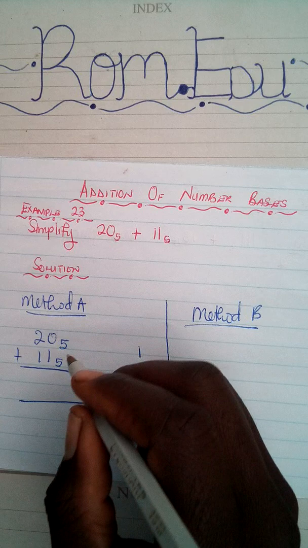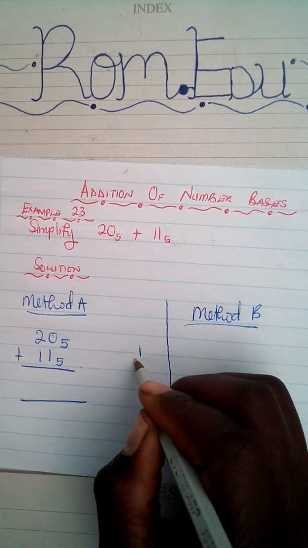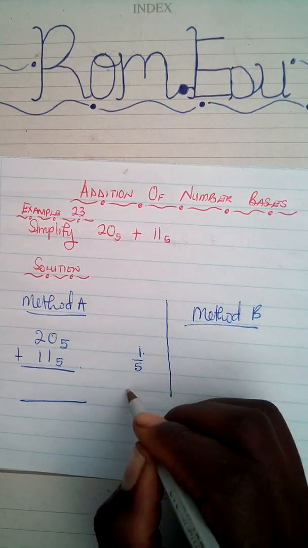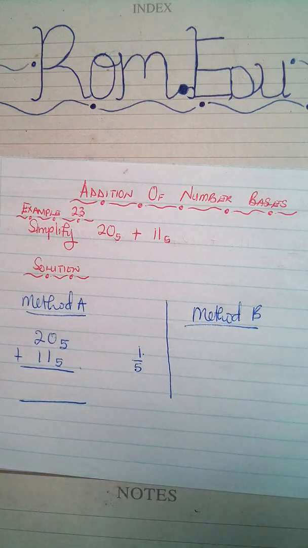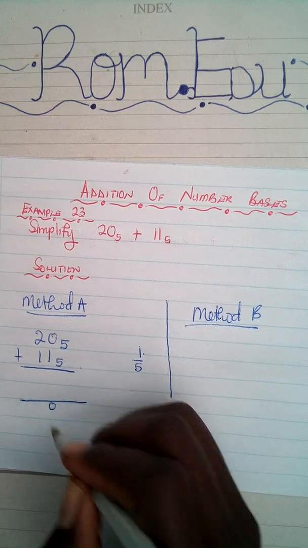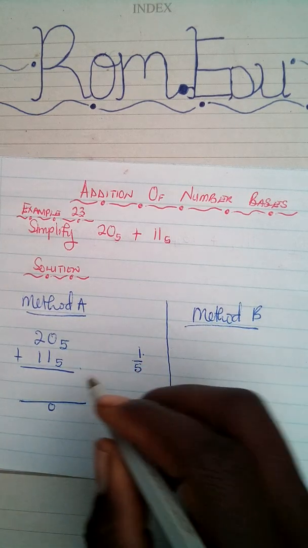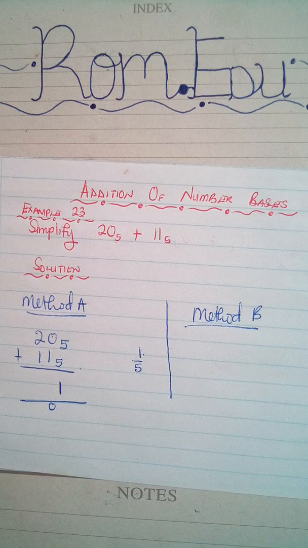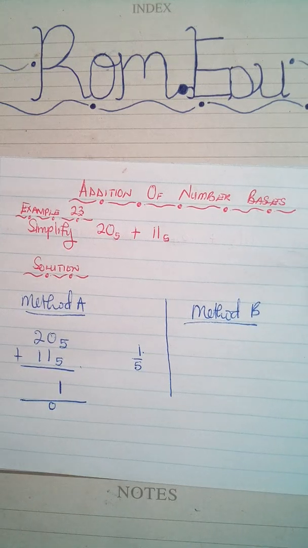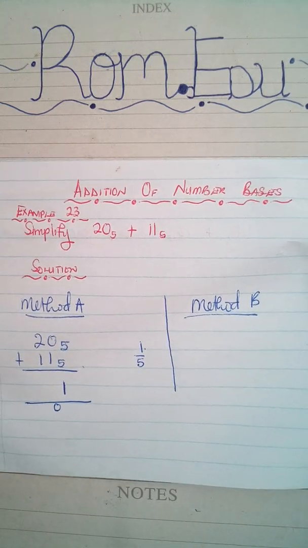So I have base 5, so I say 5 into 1 is 0. The number that 5 goes into 1 is what I carry, so it's 0, remainder 1. What is written here is the remainder. Remember, the remainder is the most important thing when you're dealing with number bases.